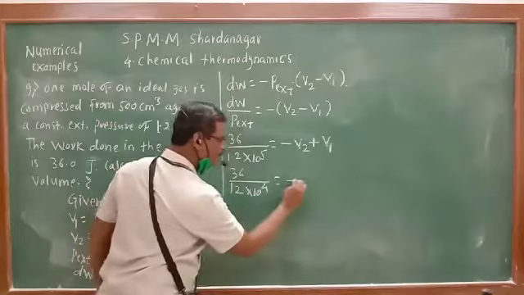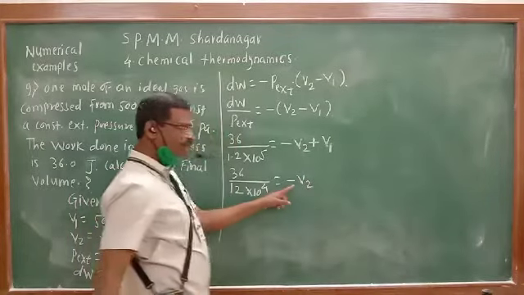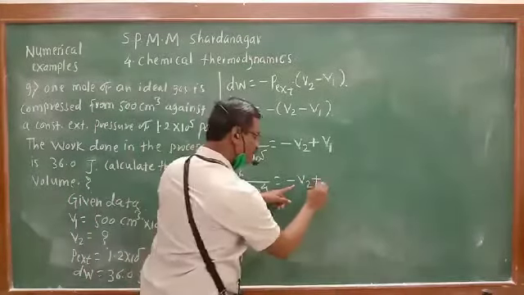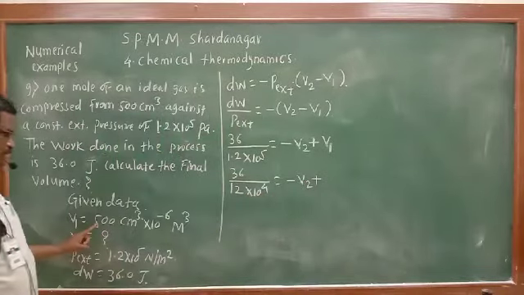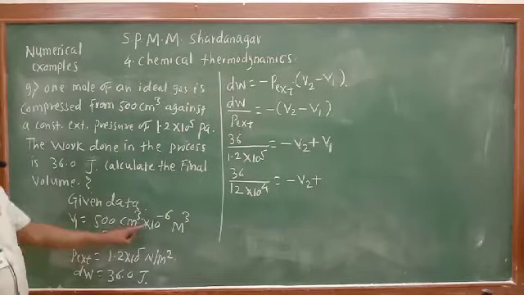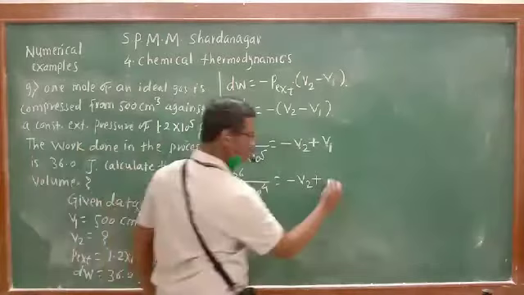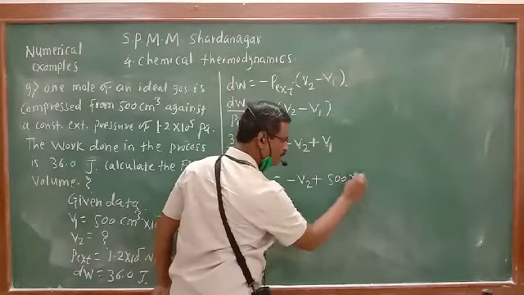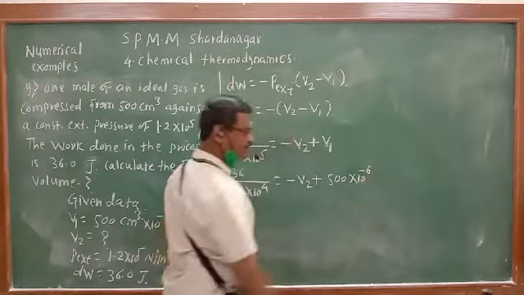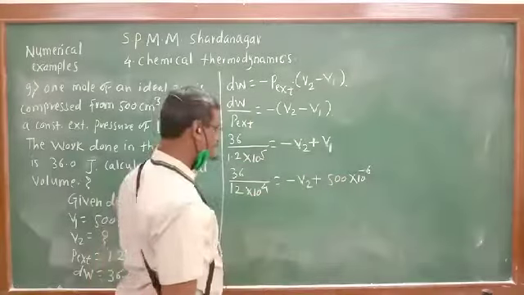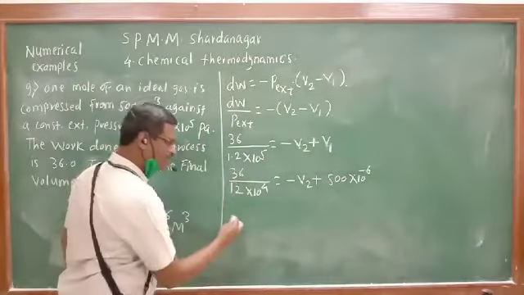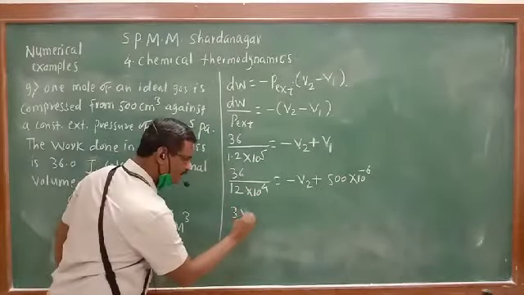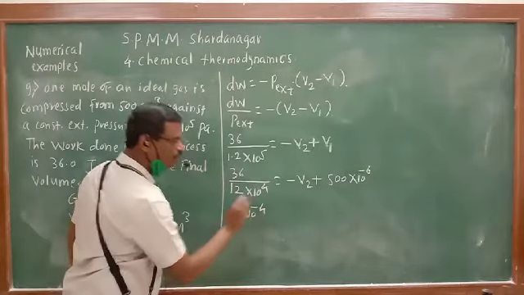It is equal to minus V2, this we have to calculate, plus V1. V1 is given, 500 into 10 raised to minus 6, this is 500 into 10 raised to minus 6 meter cube. Now solving this will be 3 into 10 raised to minus 4.